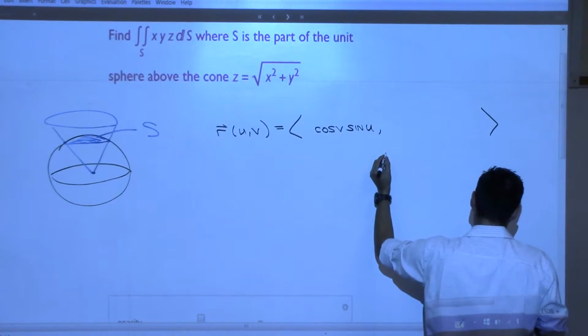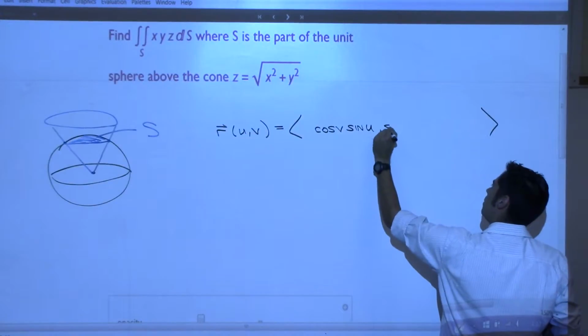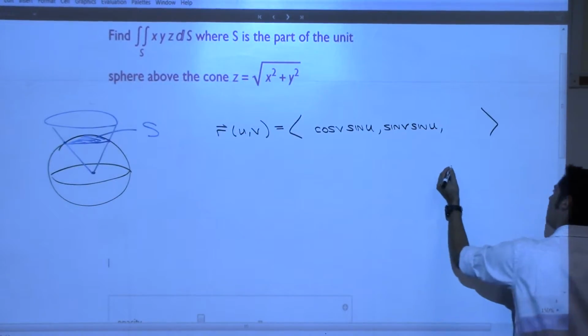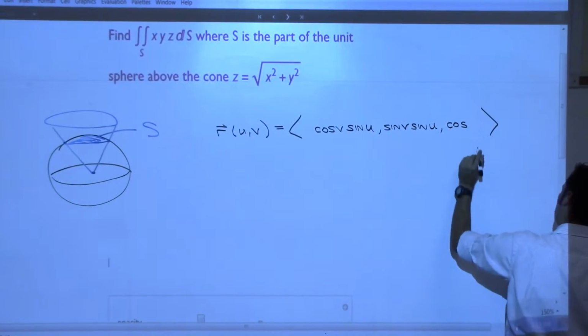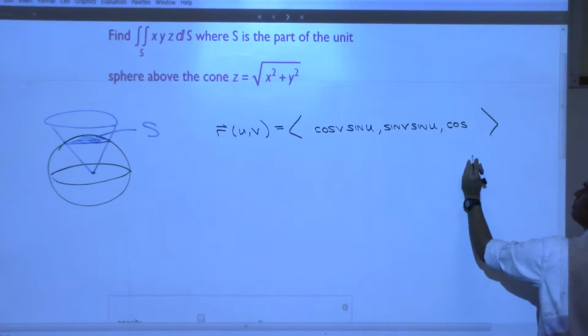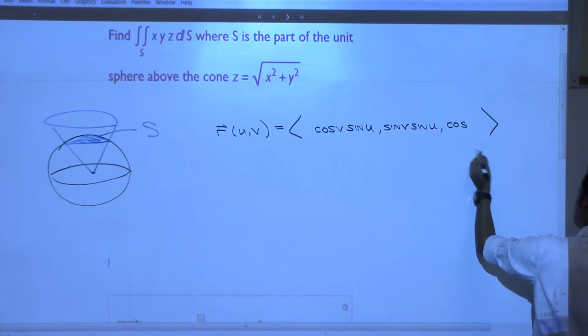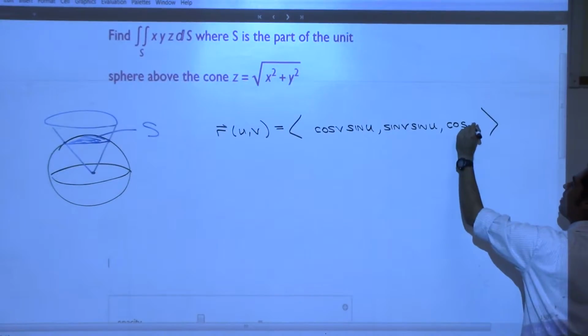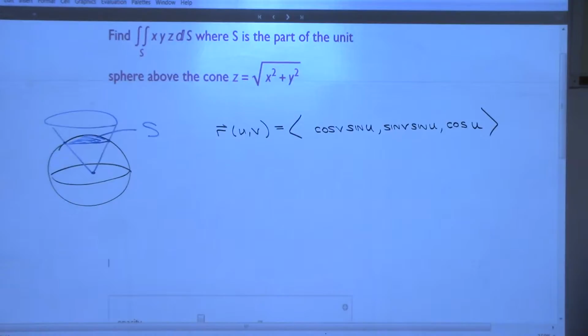And then what? Sine v sine u. And the last one should just be cosine u. Okay. Want to make sure you all understand where that comes from?